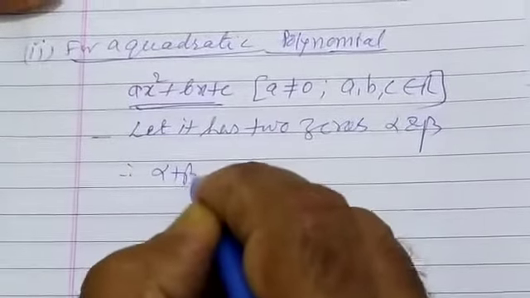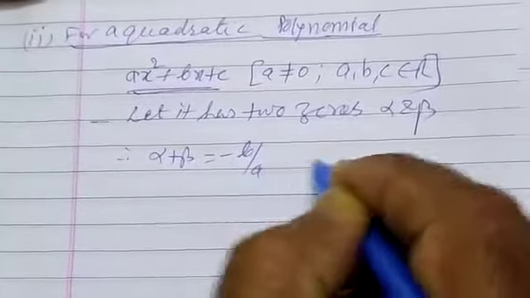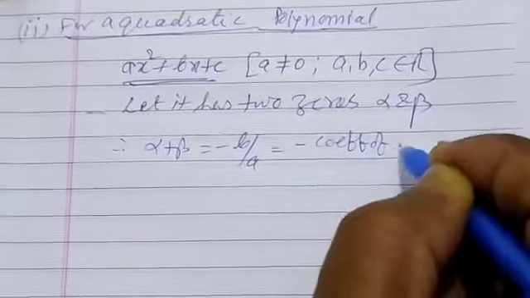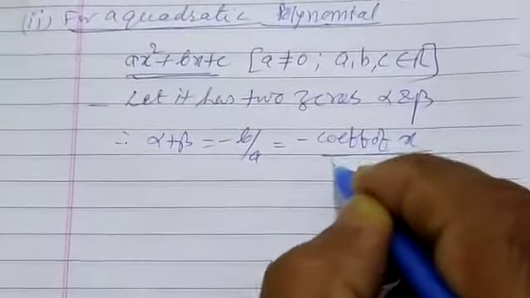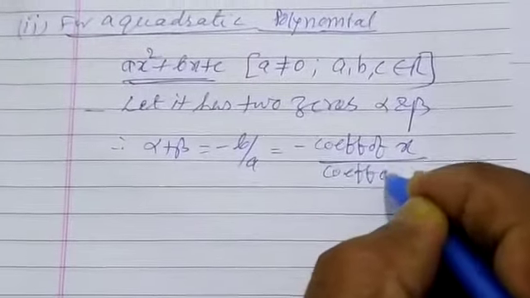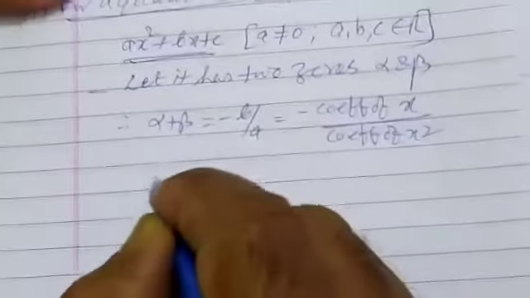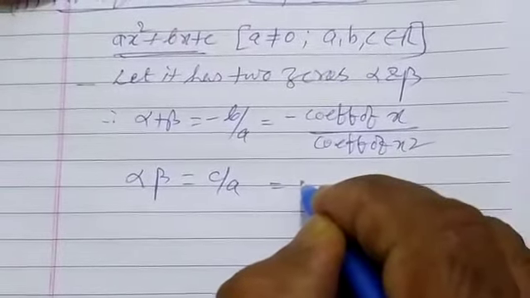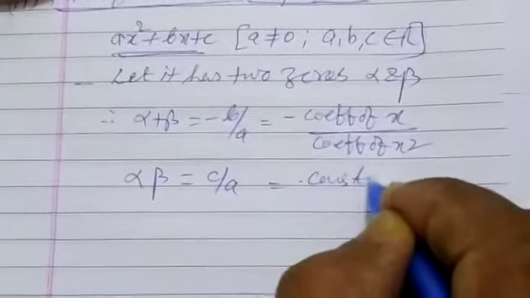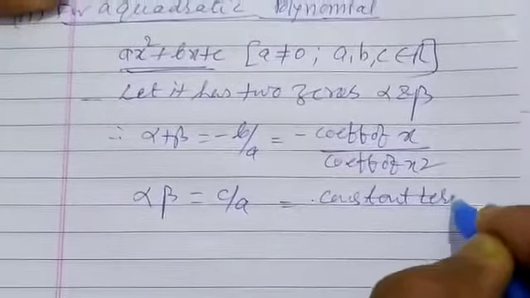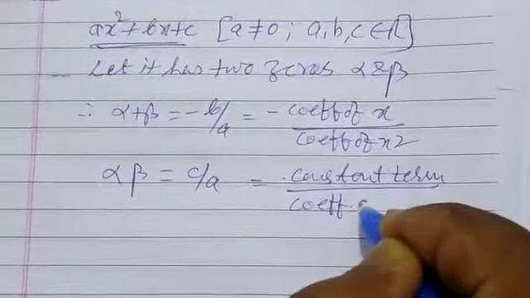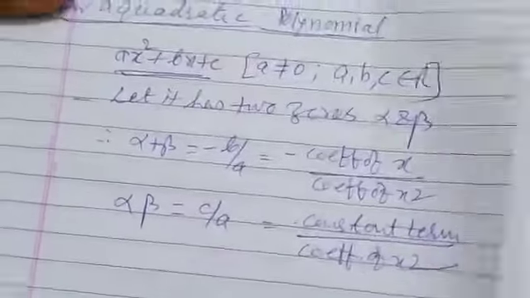Therefore, alpha plus beta is minus b by a, that is, minus coefficient of x by coefficient of x square. And alpha into beta is c upon a, that is, the constant term by the coefficient of x square.